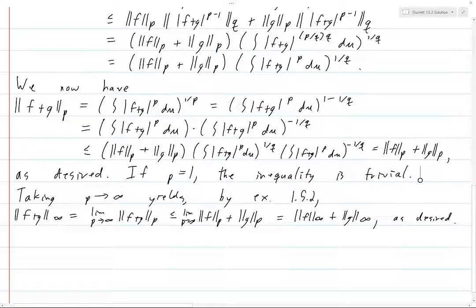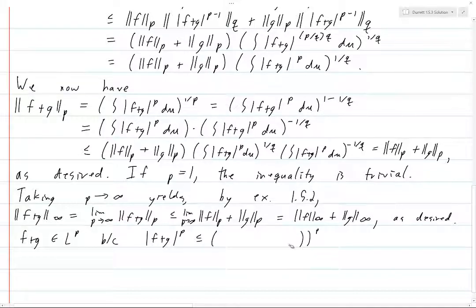You could prove that L^p is a vector space, but f plus g is in L^p because you take |f+g|^p. So |f+g| is certainly going to be less than or equal to 2 times the maximum of the norm of f and the norm of g.